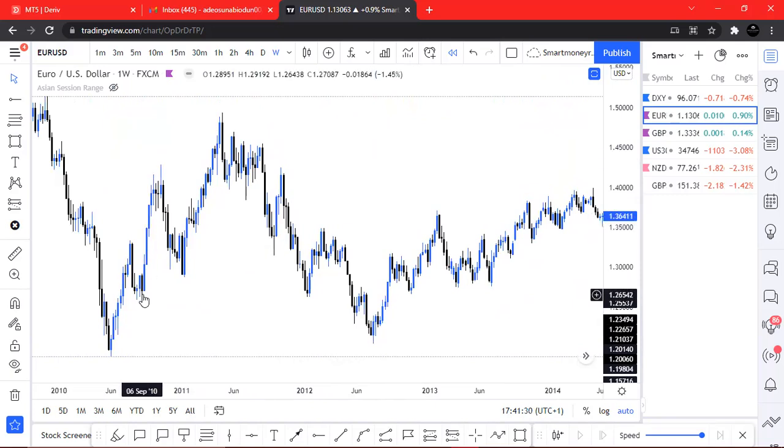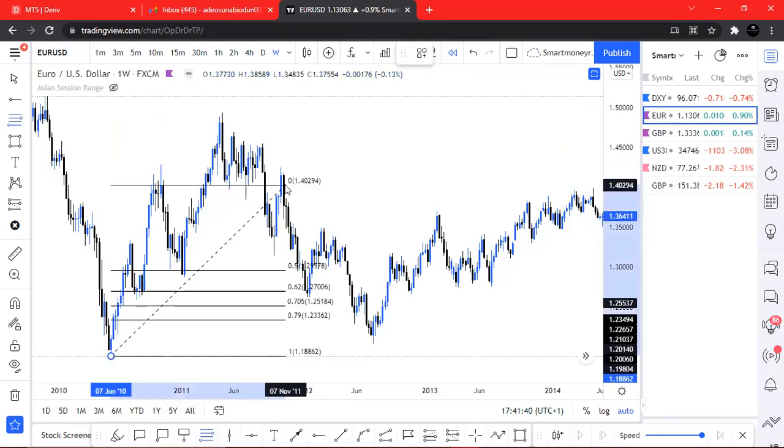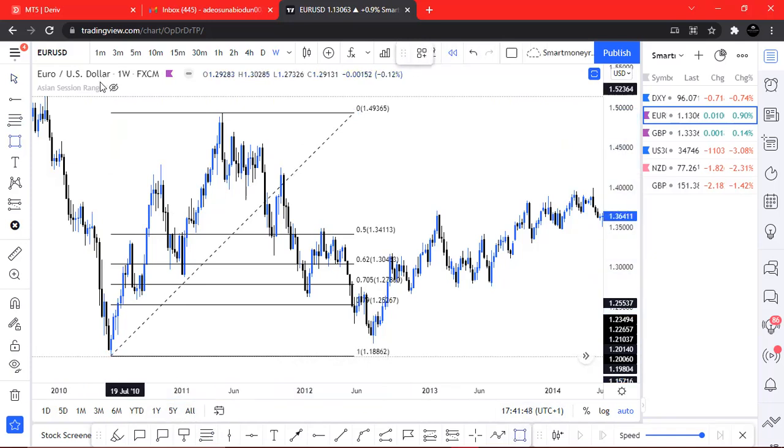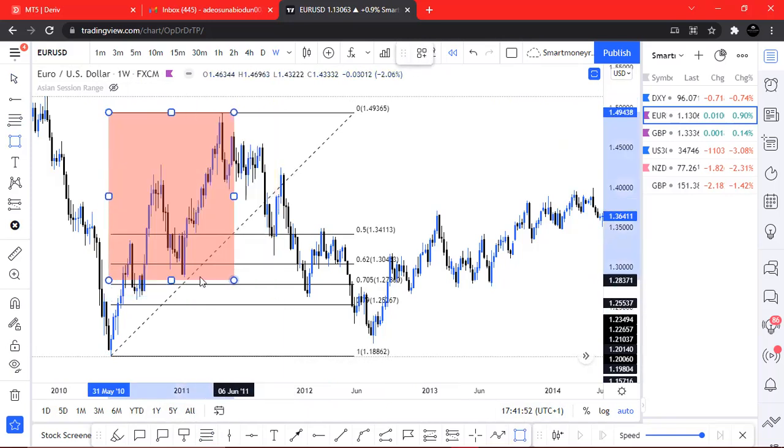So let's say from this low to this high on weekly charts, if you draw your fib, and then you draw your boxes around it. It should be red.